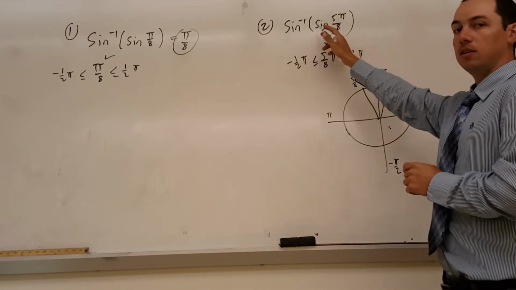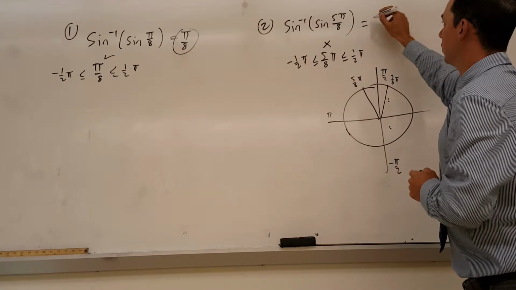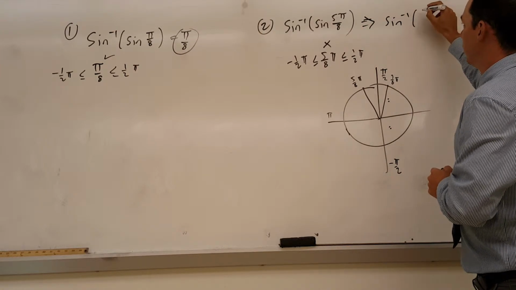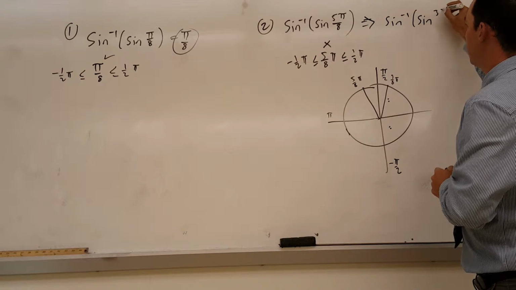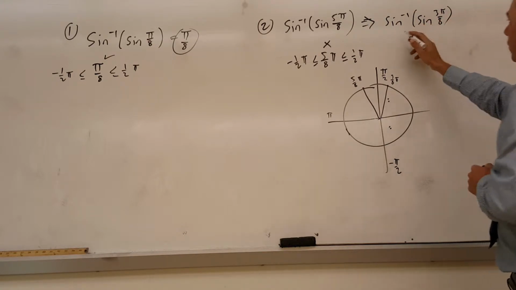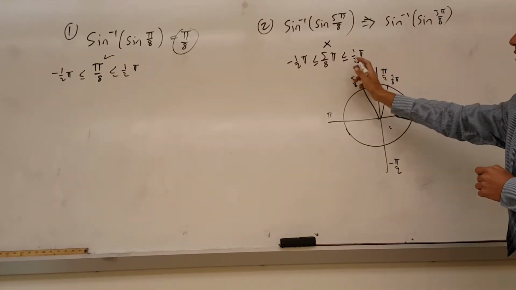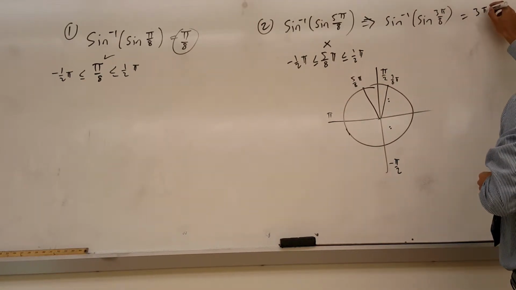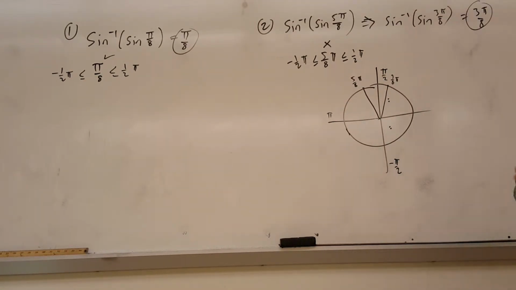So I can rewrite this as the inverse sine of the sine of 3 pi over 8. Now, since this angle is within the right domain, these cancel and I get 3 pi over 8.